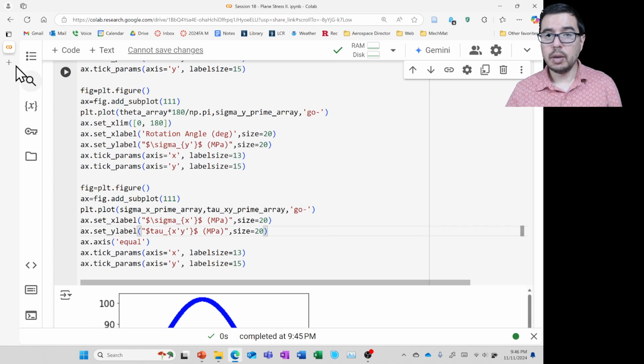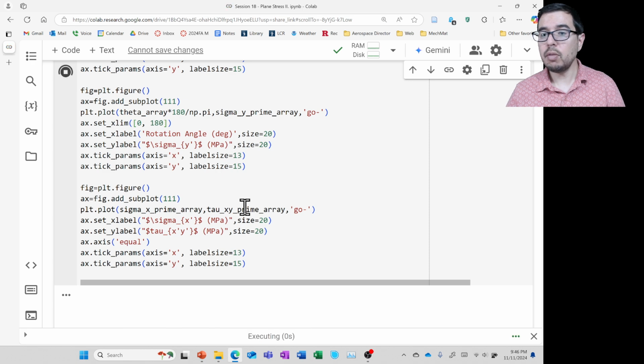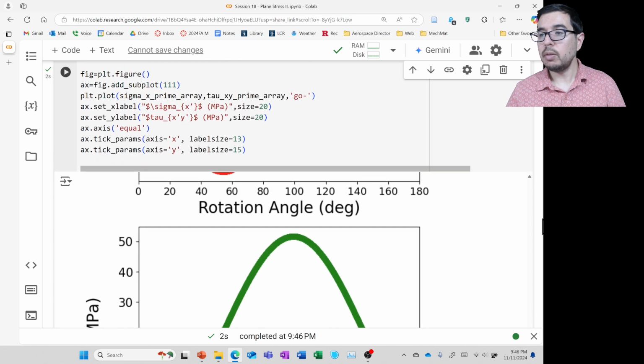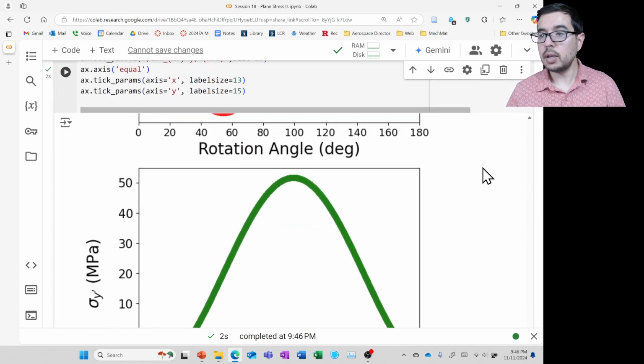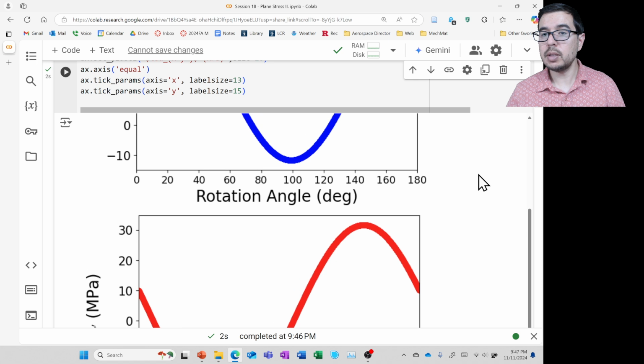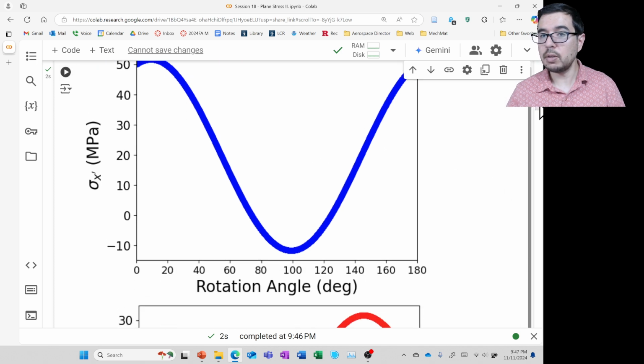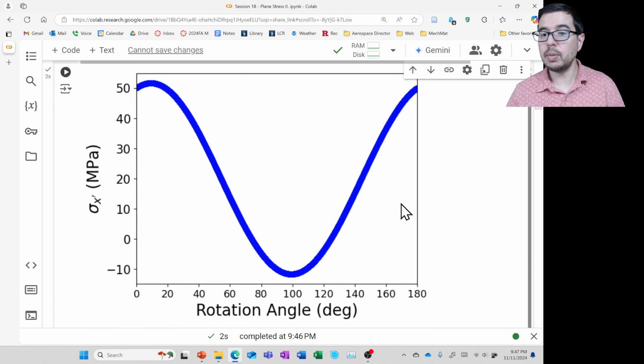So we can click on the arrow or hit Control Enter, and we get some results. What do we see here? Here is the sigma x prime. Let me see if I can move this down a little bit. Good. So we have our starting sigma x at 0 degrees of 50 megapascals.